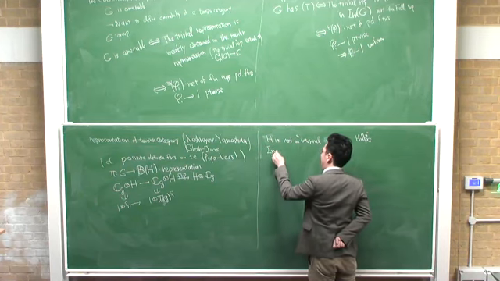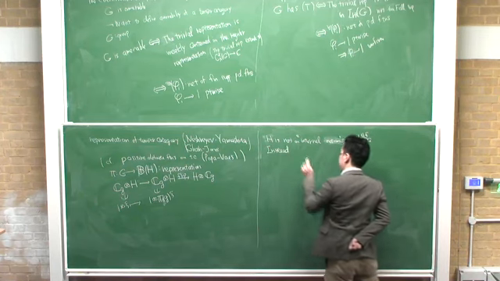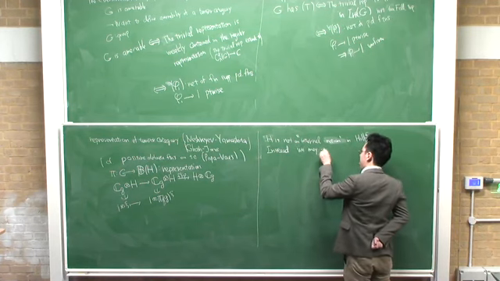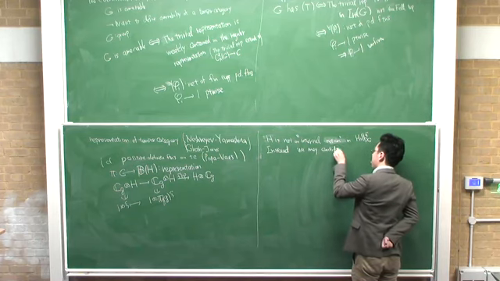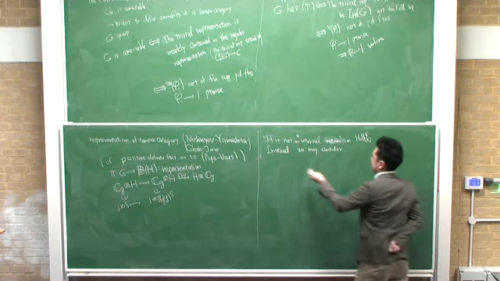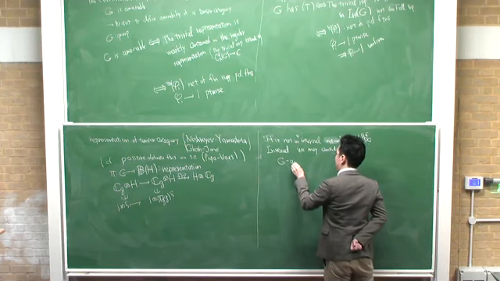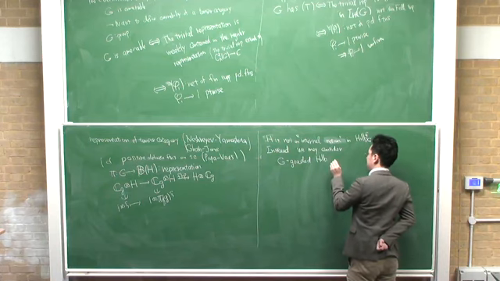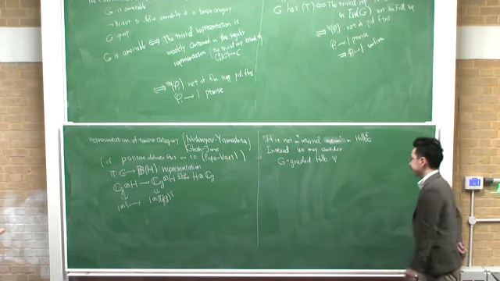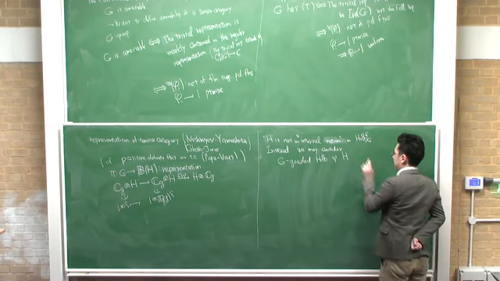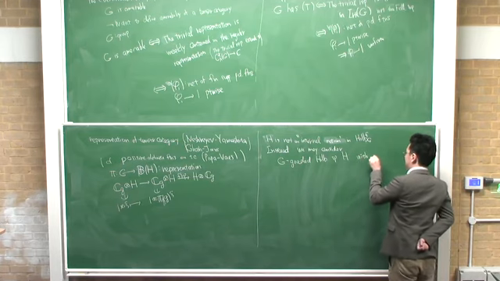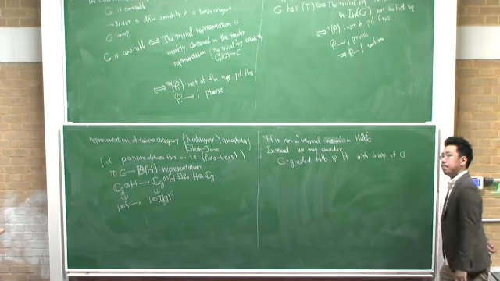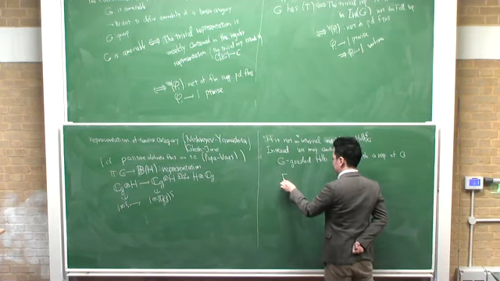Instead, we may consider a Z-graded Hilbert space H with a representation of Z, which is compatible in this way.